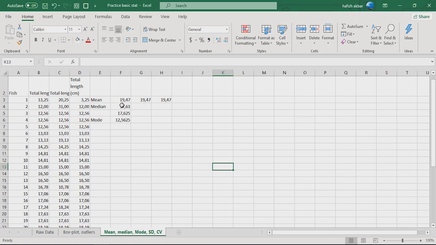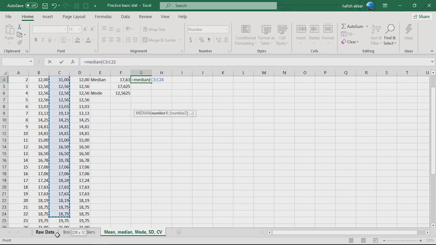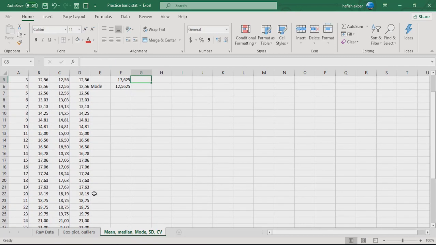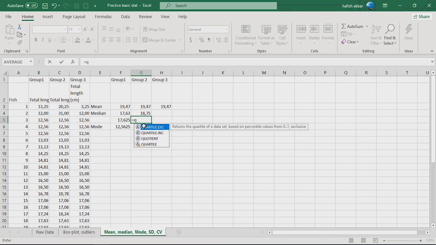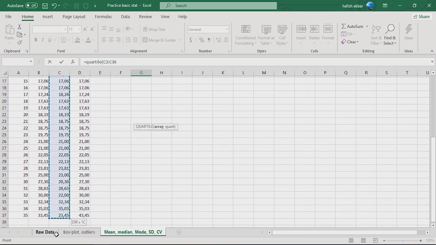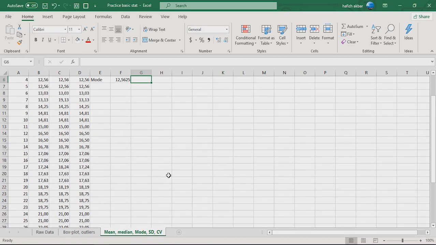Okay, so calculating the median, quartile 50, and mode for groups 2 and 3 is the same as for group 1. For the median, we just write median and then select all data from group 3, and then type quartile, bracket, select the data from group 2, and then finally mode.